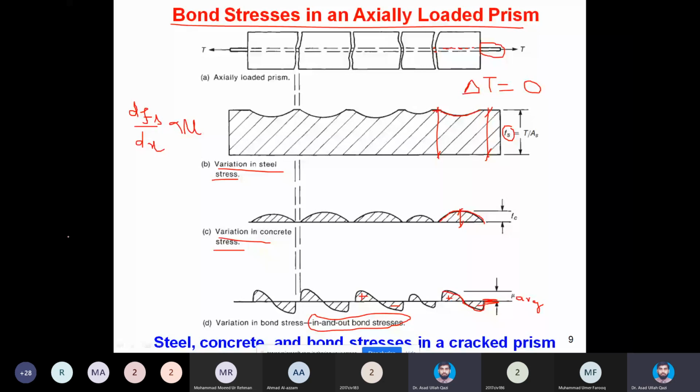Then divide that area by the length and you will get mu average, which you can use in your equations for simplicity. If you want to keep the true bond stresses, then obviously you need to do the integration. You need to write the functions which can explain the variation of the bond stress and capture the experimental response. In this way, you can do the exact calculations.